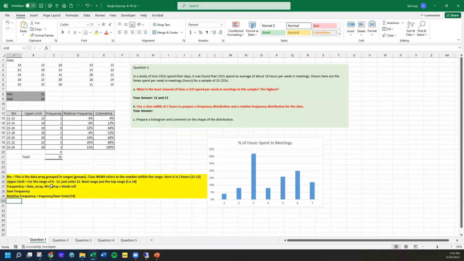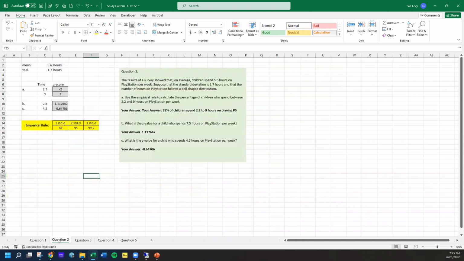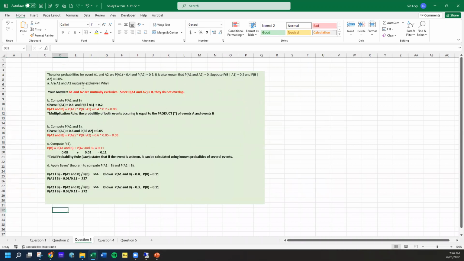So for this, these are the exercises, and I've made notes. That's what your yellow box was, the notes. Like here's the empirical rule. What does that mean? This one was tricky too. I think we all got that.